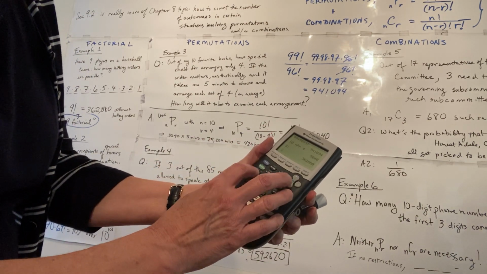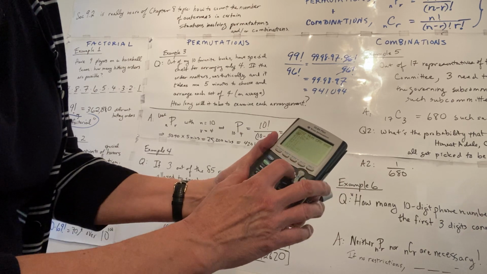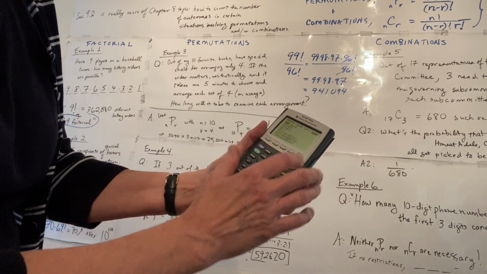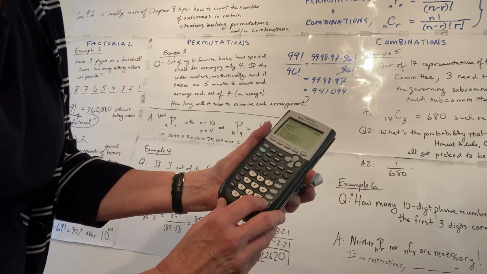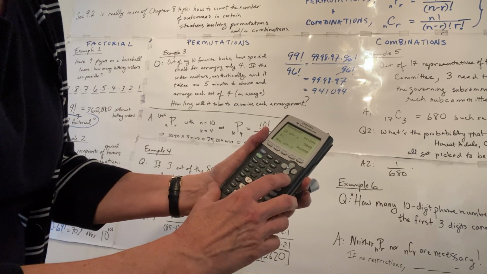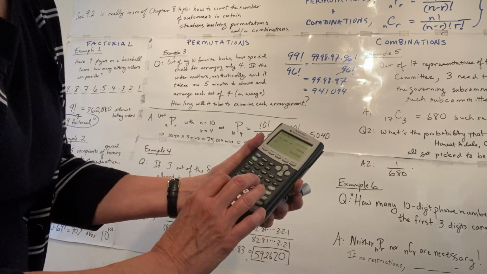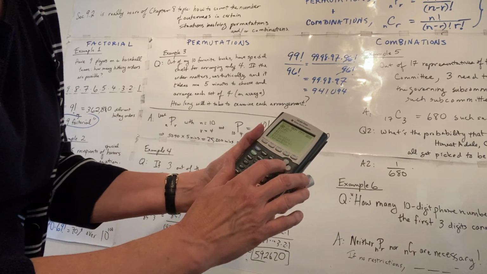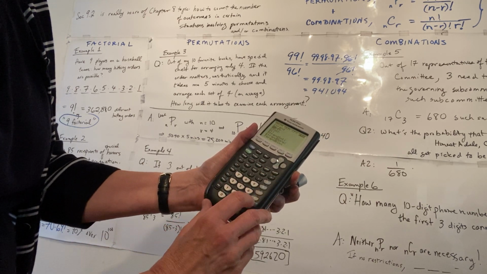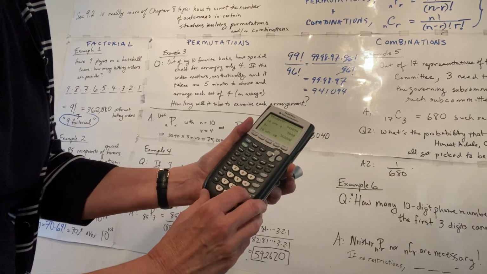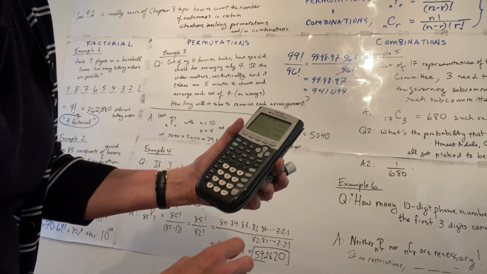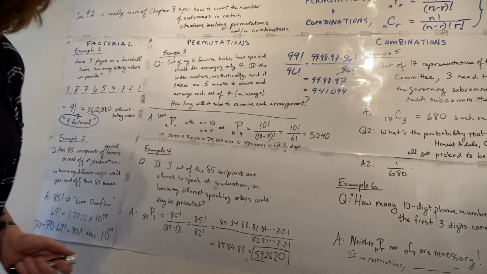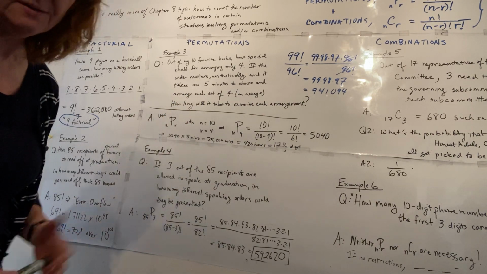You go to math, wrap around to probability, and go down to nPr; that's how you grab that function. Of course, we need to put the number in first. So it's 10 nPr 4.